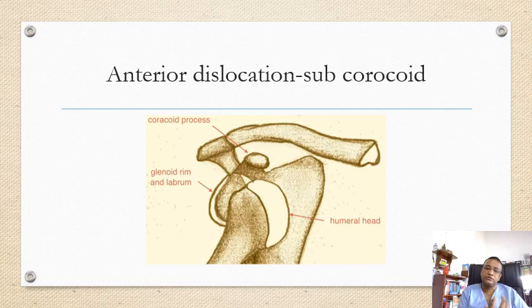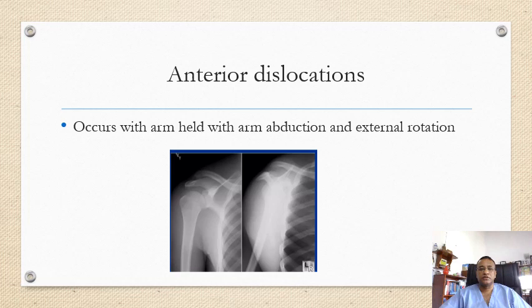These things you have to identify in the X-rays. Now you see the humeral head has dislocated from the glenoid rim and come forward, and it is just beneath the coracoid process. This is called anterior dislocation, subcoracoid type. So now we'll see the X-ray film, how it looks.